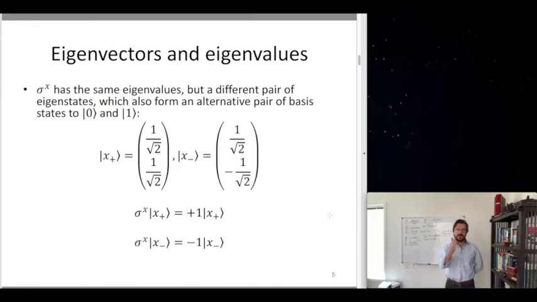So X plus is 1 over the square root of 2 times 0 plus 1, and we have X minus, which is 1 over the square root of 2 times 0 minus 1.